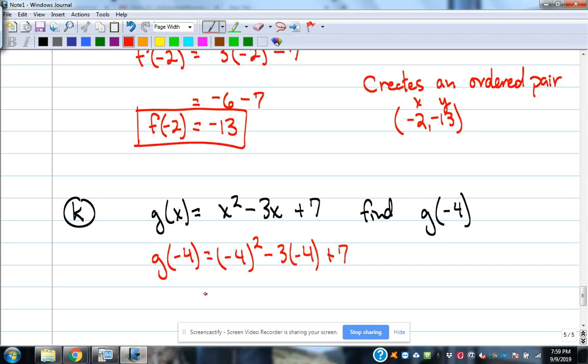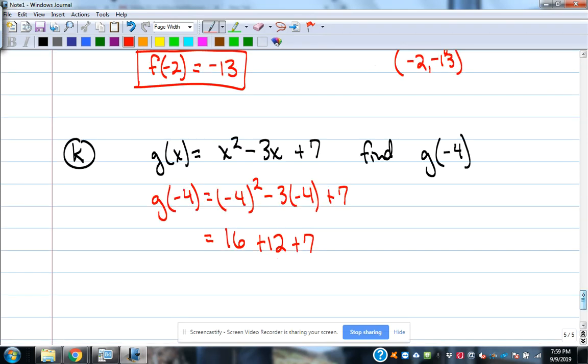So -4 squared is what? +16. -3 times -4 would be +12, and then plus 7. 28 plus 7. 35, is that right? That's what we're looking for, a function value. When we've got an equation, function value is really easy. You just plug it in and work it out.